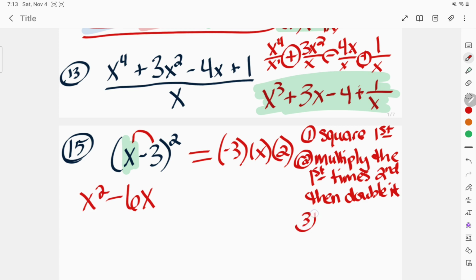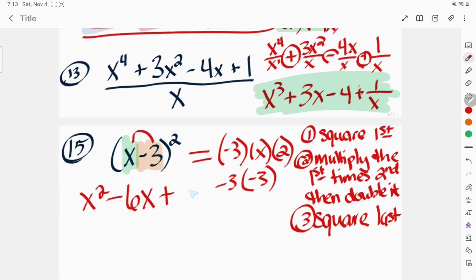And then your last step, square the last. So squaring the last is -3. And -3 times -3 gives me +9.